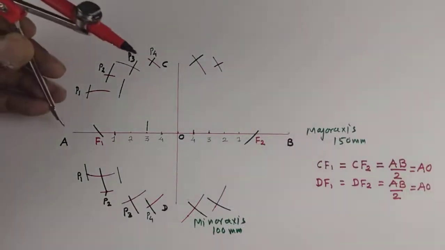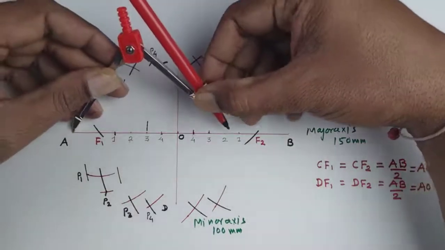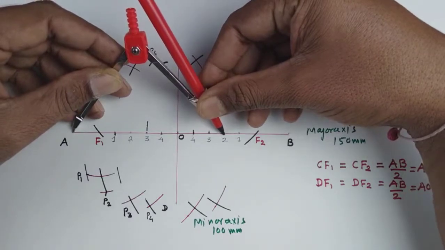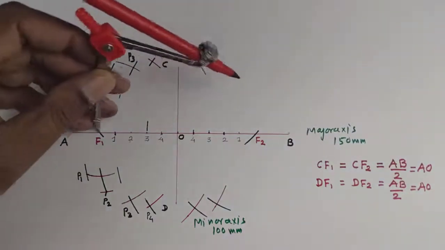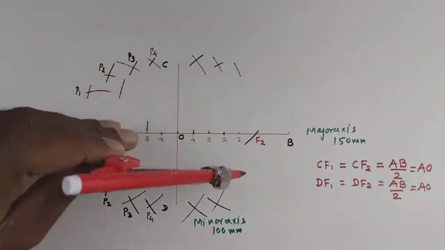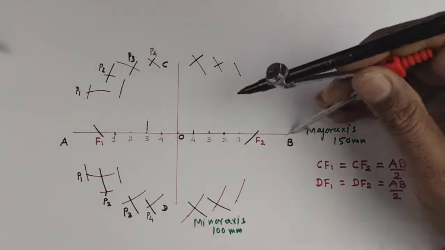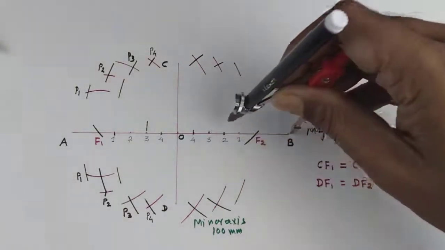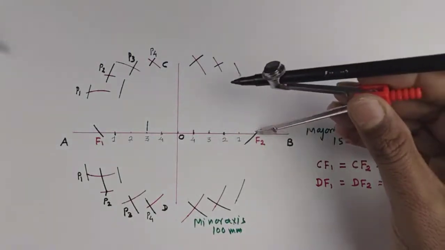Now again I measure the distance from A to 2 points. When I choose the distance radius A2, F1 is a center. I draw the arc. Same repeat steps you have to follow. B2, F2 point center, you can draw the arc.